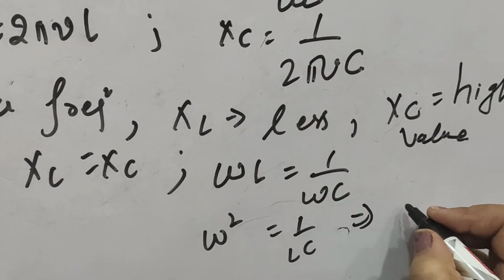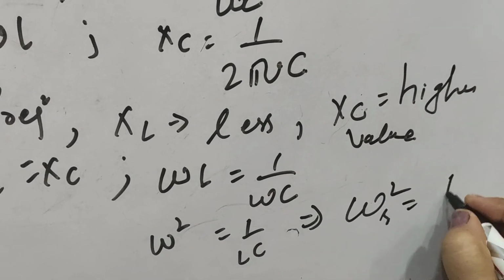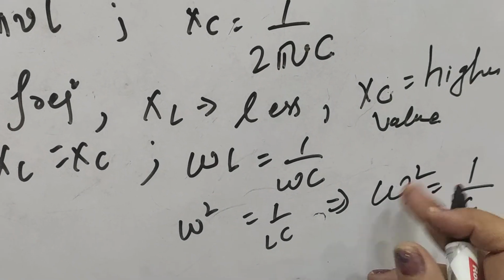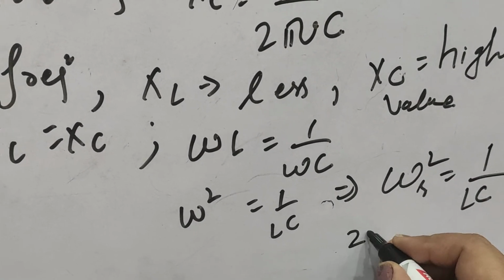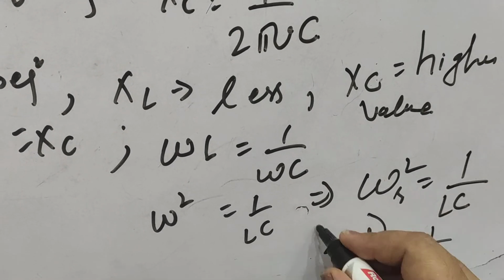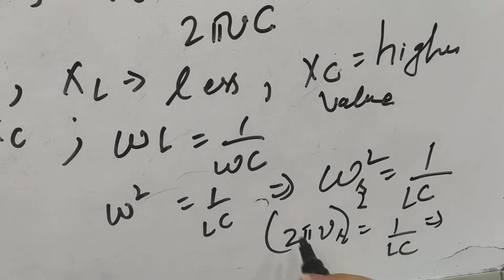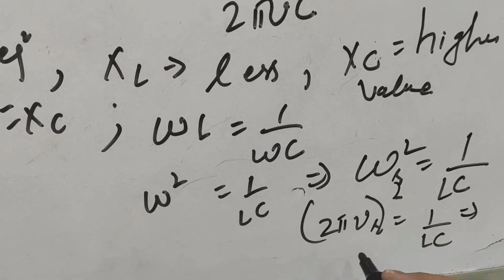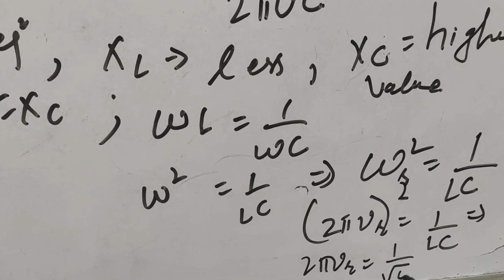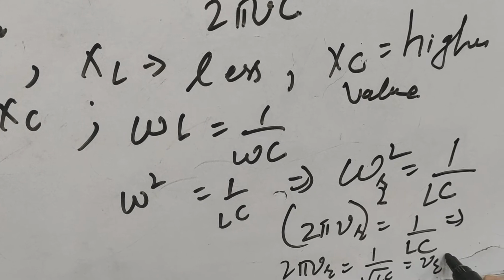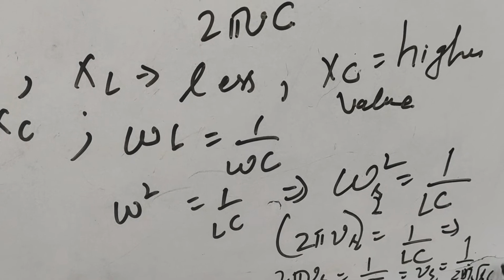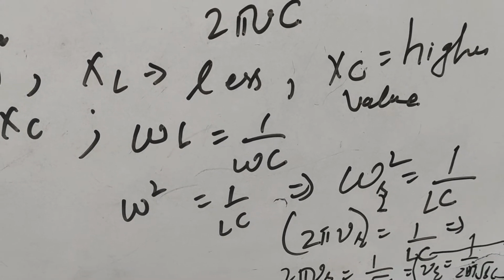Now omega R square is equal to 1 upon LC, where omega R is known as the angular resonance frequency, and this can be written as 2 pi nu R. Taking the square root, we have 2 pi nu R equal to 1 upon root LC, or nu R is equal to 1 upon 2 pi root of LC. This is known as the resonance frequency.